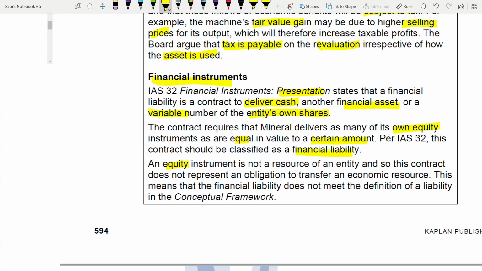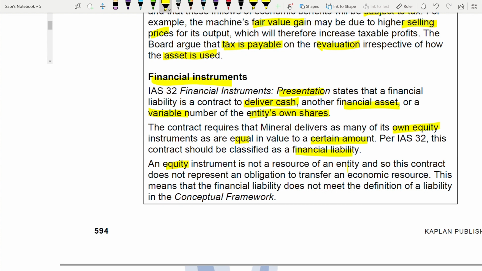So what is the meaning of an equity instrument? For it to be equity, it should be a resource of an entity. But in this case, the equity instrument is not a resource of the entity, and so this contract does not represent an obligation to transfer an economic resource. Equity instrument is not a resource of an entity, number one. And this contract does not have an obligation to transfer that equity instrument.